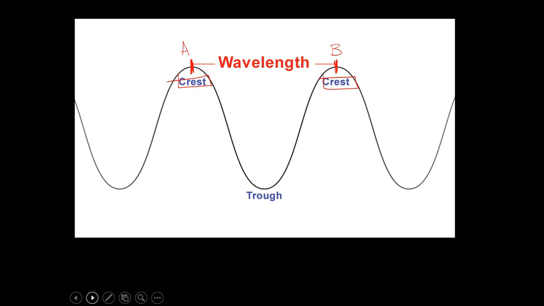Whenever you're mentioning it, since we're talking about length, it's measured in meters. Usually you'll see nanometers or centimeters. Anything with meters is going to be a wavelength because we're measuring a distance.